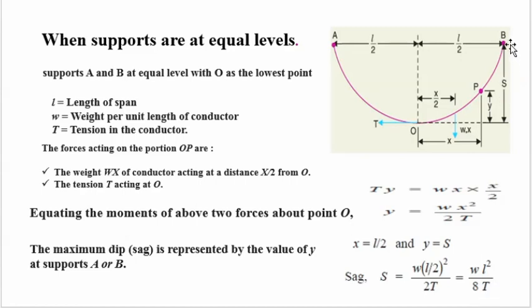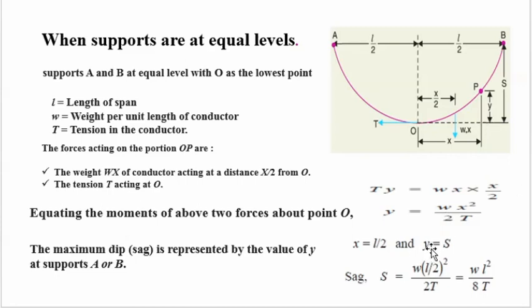In this figure, as you can see, this sag S is the distance from lowest point on the conductor to the supporting structure, and this Y is the distance which was from the point P to the lowest point on conductor O.